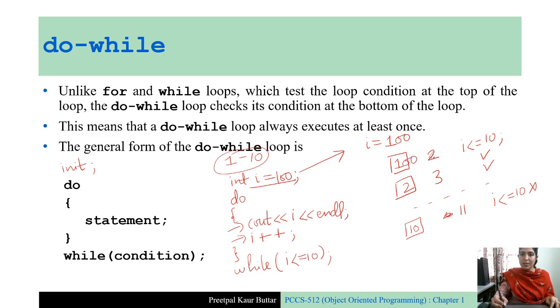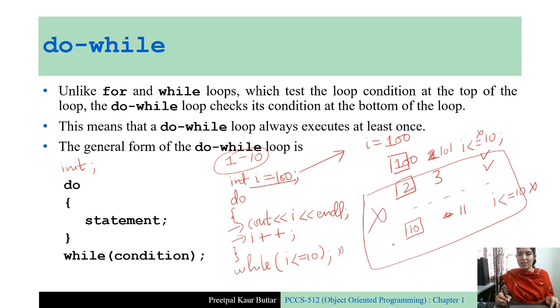Then i plus plus, i will become 101. And then the condition will be tested, and we will see that the condition is false. So the next iterations will not be executed. You can see now that even if the initial condition i less than equal to 10 is false, because i is 100, still this loop will be executed at least once.